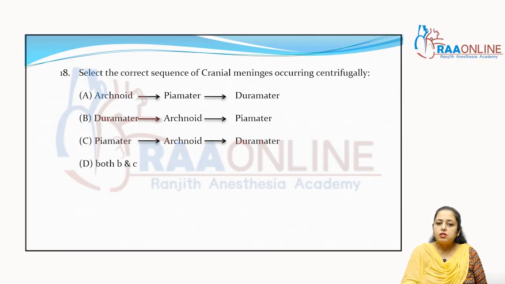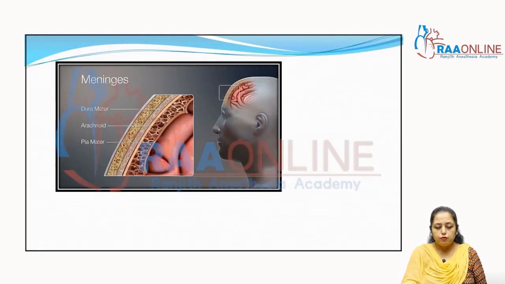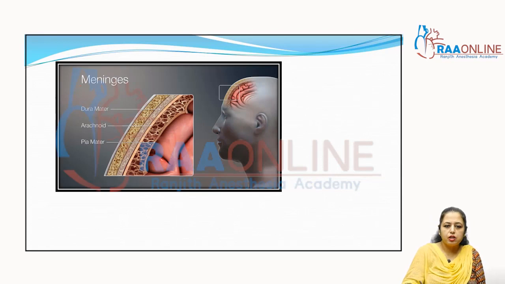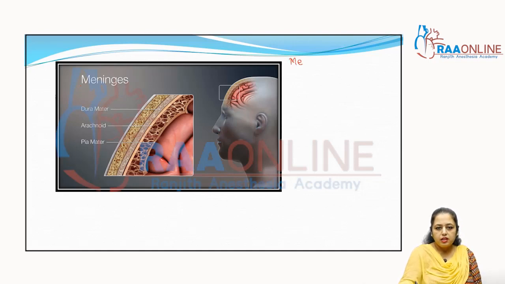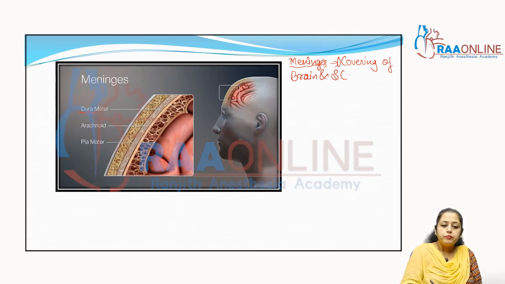Our brain and spinal cord is covered with a covering of connective tissue, which is called the meninges, right? When we talk about the arrangement, what are the meninges? Outermost covering of brain and spinal cord, right?